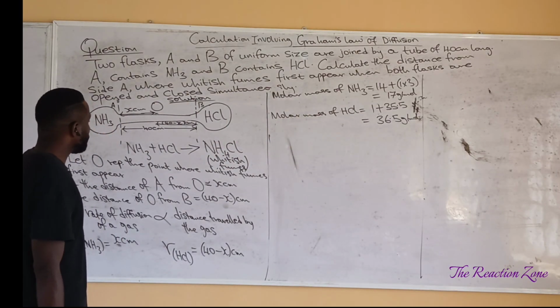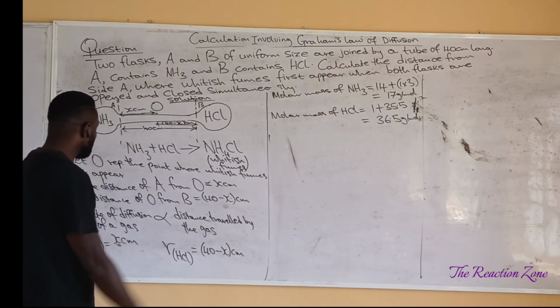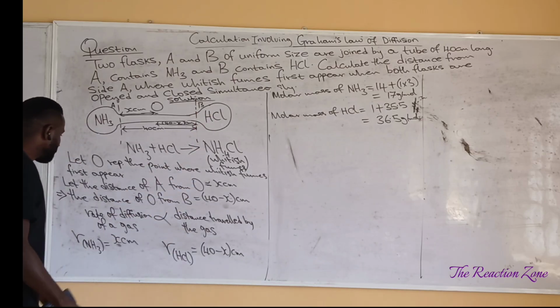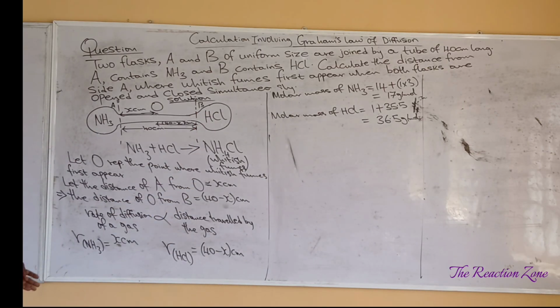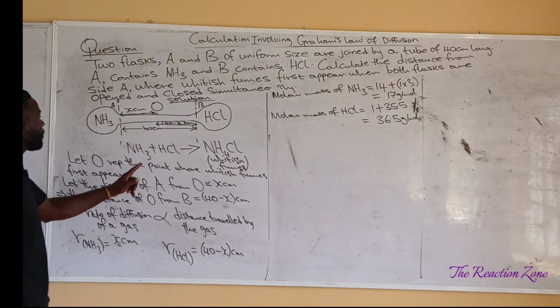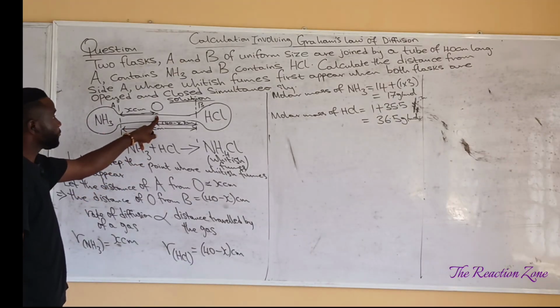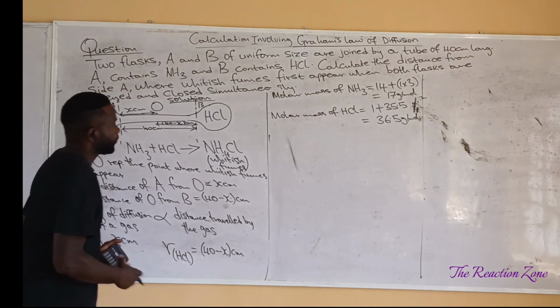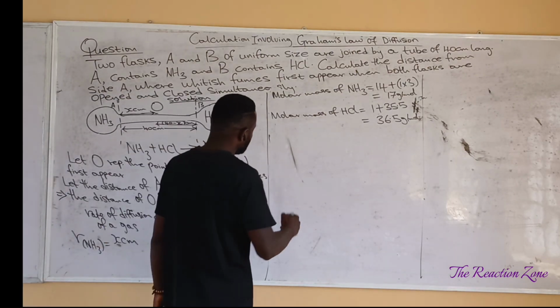Now that we know the molar masses of the two gases, and we have represented the rate of diffusion of the two gases by the distance they travel from their respective flasks to the point where the whitish fumes first appear, we can now compare their rate of diffusion.